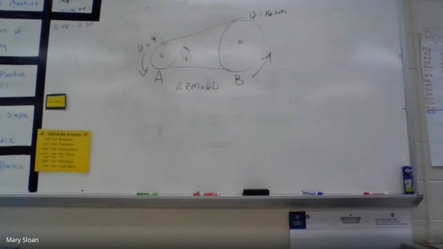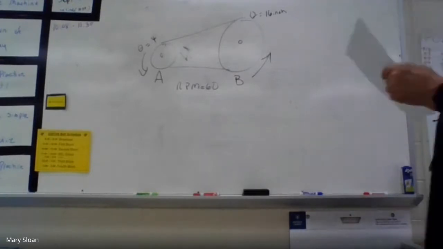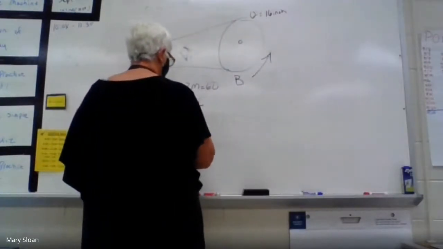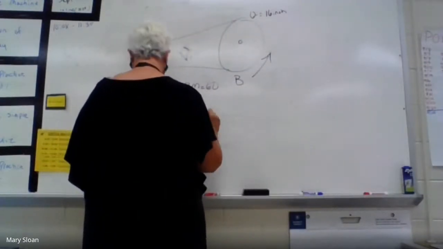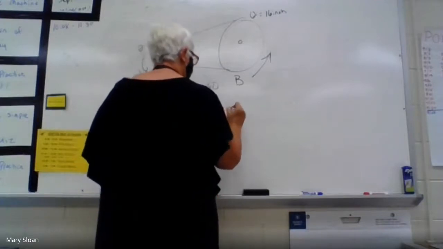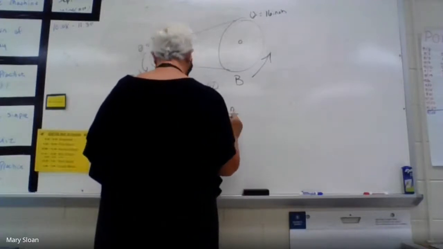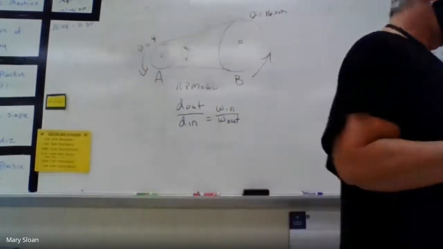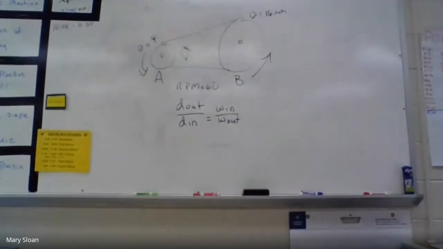So what are we going to do here? D out divided by D in, or W in over W out. So what do we have in our dimensions?